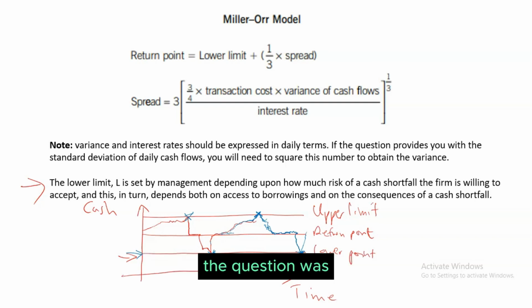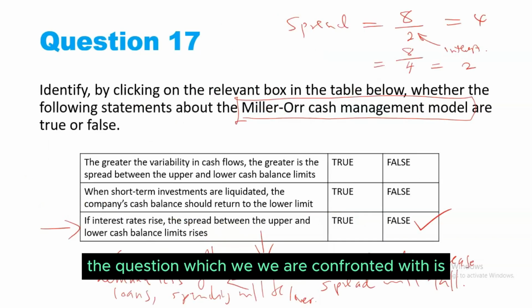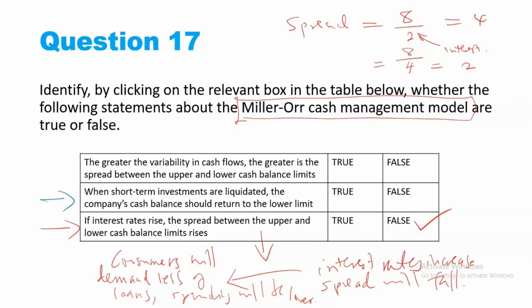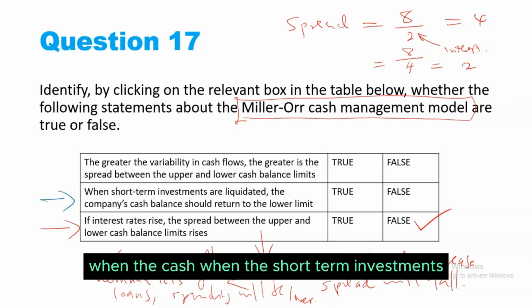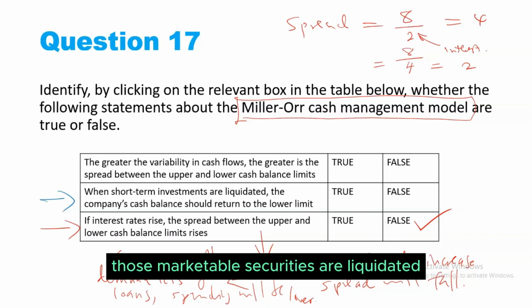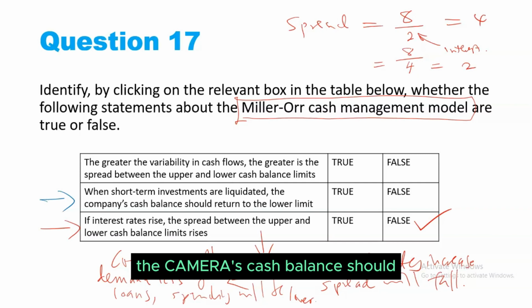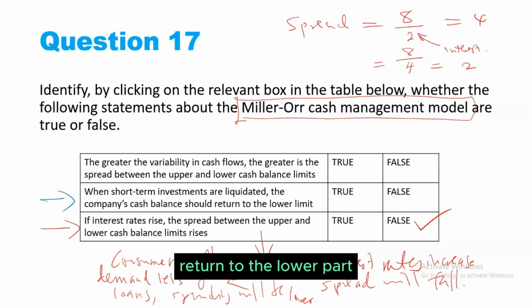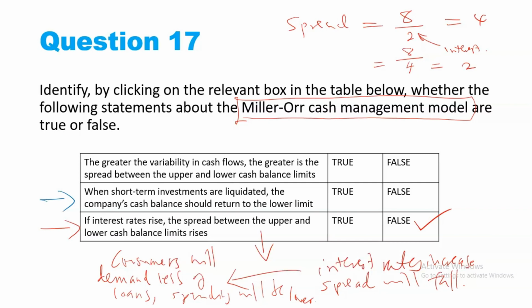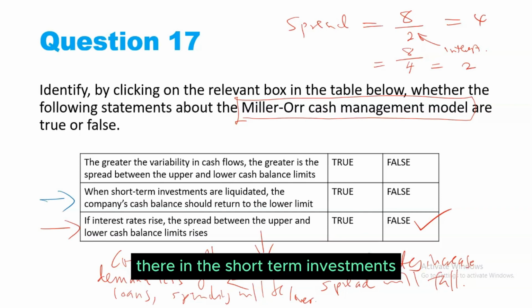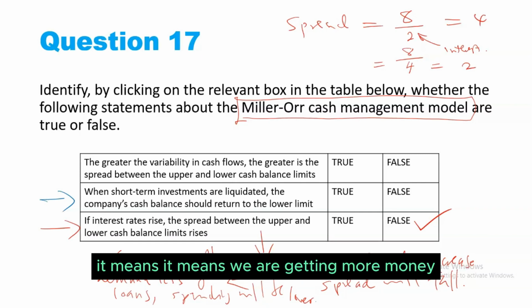However, the question which we are confronted with is: when the short-term investments, those marketable securities, are liquidated, the firm's cash balance should return to the lower point. Now, when we liquidate the short-term investments, it means we are getting more money.